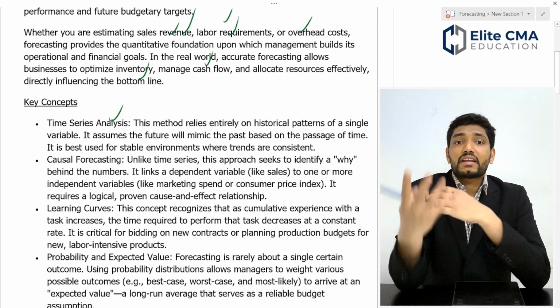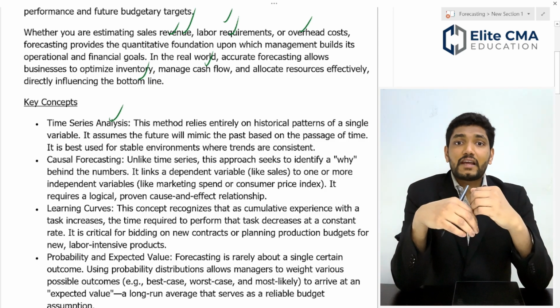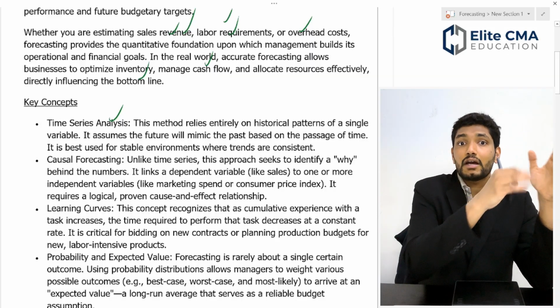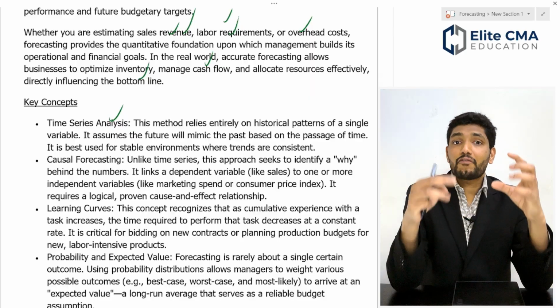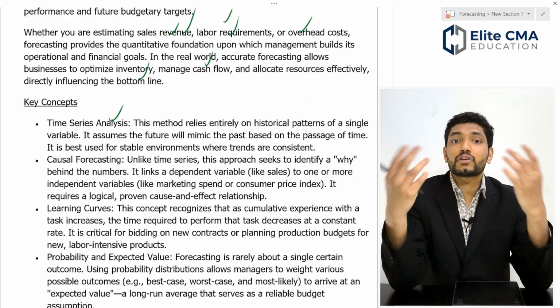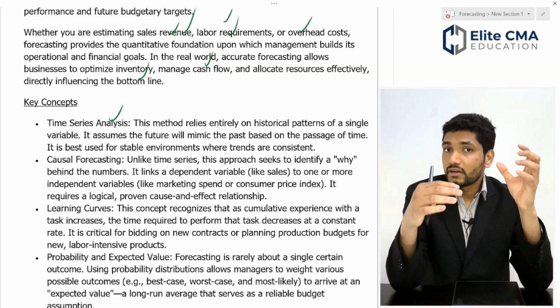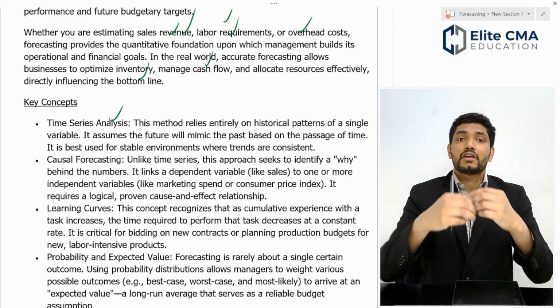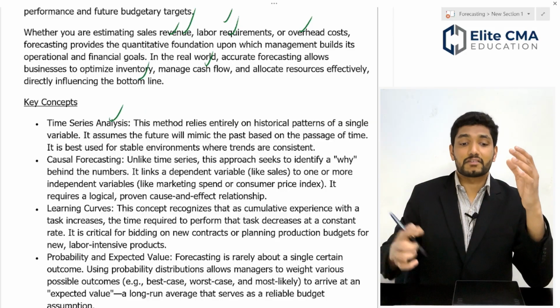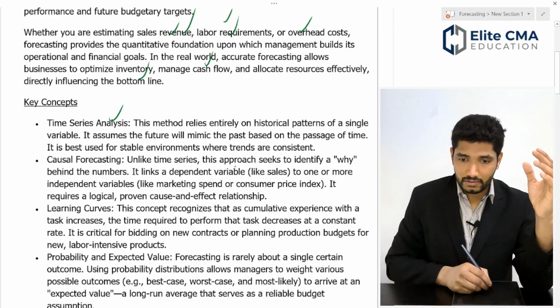Under time series analysis, first you have to take the sales data for previous years, where you found that you have a sales growth of 10% or 20% or whatever it is. Based on that figure or based on that time series analysis, you can predict the future sales. That is time series analysis.